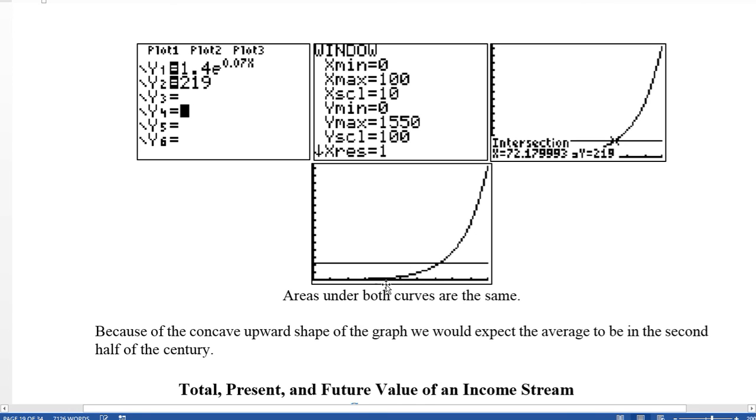Now, since this is an increasing concave up function, you'd expect these to cross in the second half of this interval, closer to the right side than the left. If you were way over here on the left, you wouldn't get hardly any area at all. If you're too far to the right, of course, then you would get too much area under the rectangle, but you'd expect it to be over halfway, and sure enough it is. It's in the second half of the century.